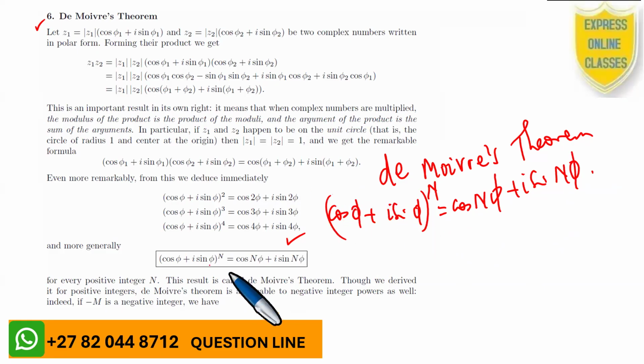It's been stated here in the material, but now we can practice with De Moivre's theorem.